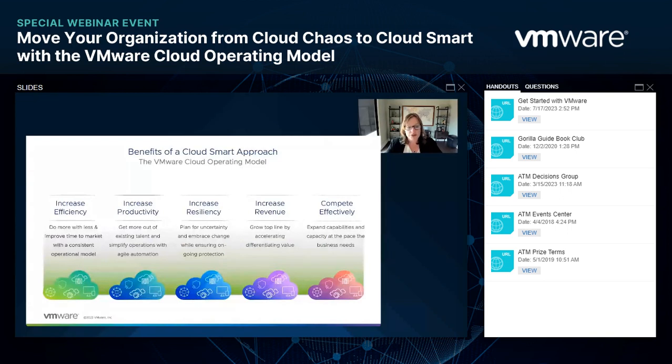So that was a very quick whiz through the ARIA capabilities and the VMware Cloud capabilities that help you move to a cloud operating model and help you move to a cloud smart approach to the adoption of cloud services. But what do they give you in the long run? What do you gain by applying consistent infrastructure and consistent operations and management and consistent security and policy across these disparate environments?